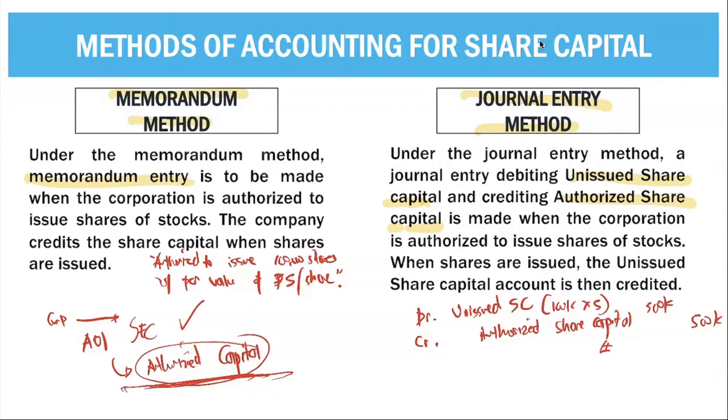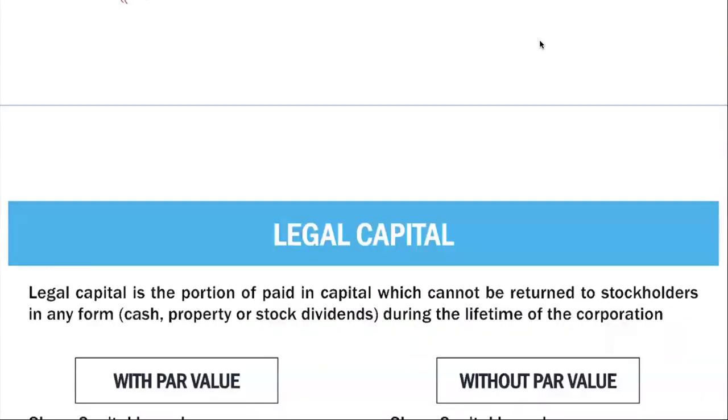As to your subsequent share transactions, generally what we follow is your memorandum method rather than your journal entry method. In your subsequent issuances, when we record any issuance thereafter, normally what we use is your memorandum entry method. Okay, so how do we account for authorized capital? Memo method, journal entry method.